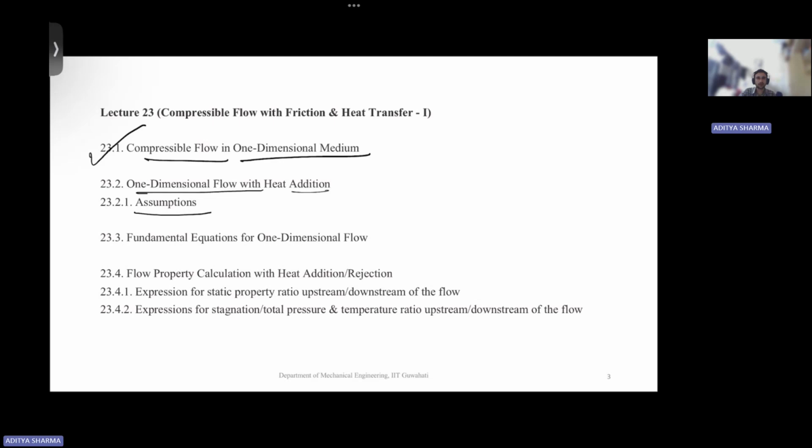Then there is another assumption that there is no work interaction, there are no body forces, and there are no frictional effects. Then the fundamental equations of 1D flow have been discussed: the continuity equation, the momentum equation, and the energy equation.